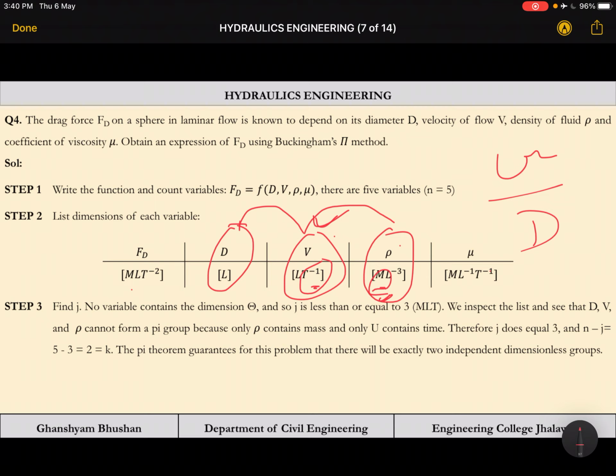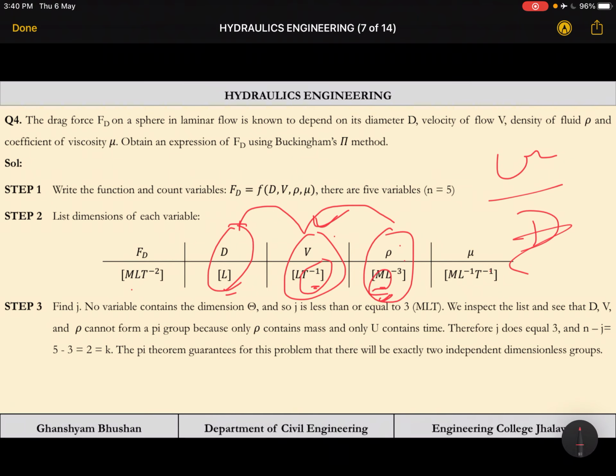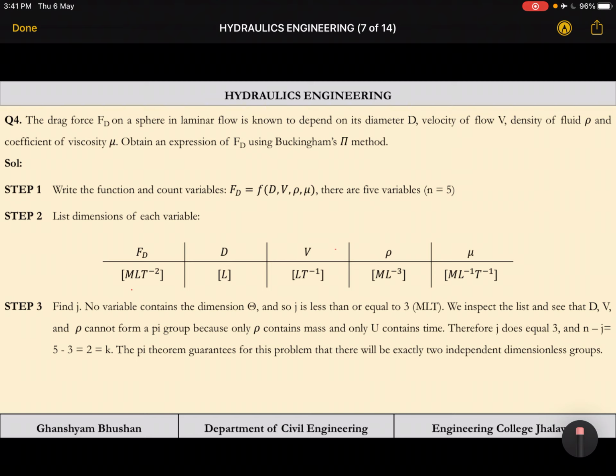And similarly L is there. If rho is multiplied by v or d, as rho does not have an L term, they are not going to cancel out. So that is why we usually choose from the geometric group, kinematic group, and dynamic group.